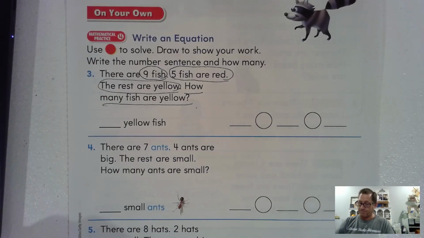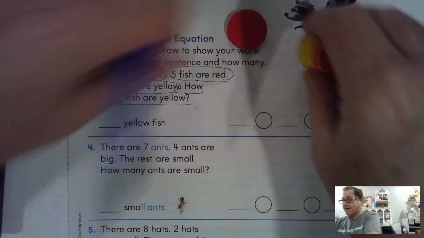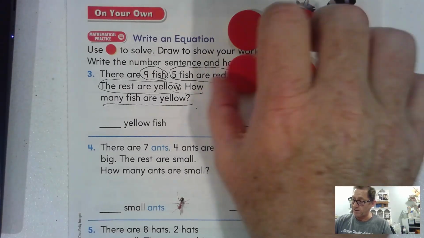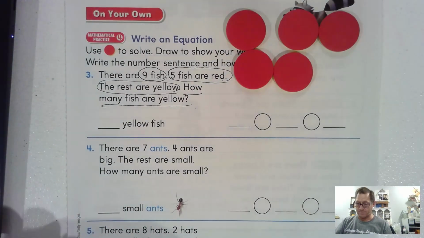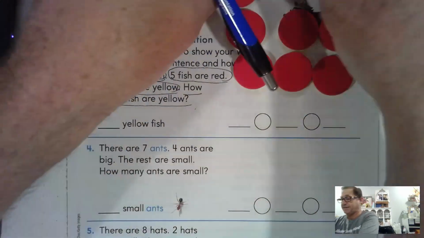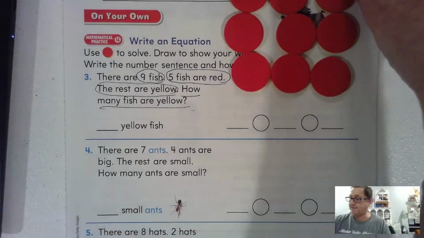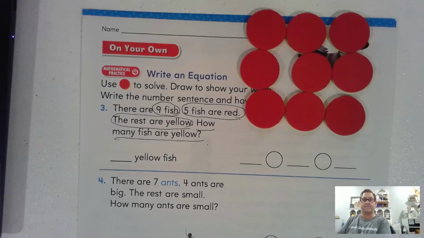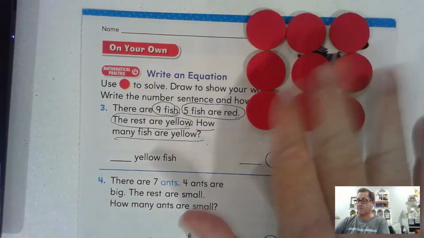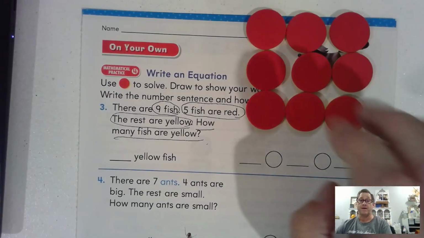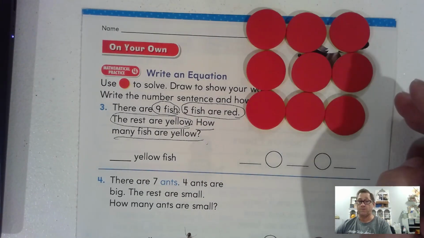Okay, so we need 9 counters. Again, I'm going to make them all one color to start. That's 6, 7, 8, 9. So we have 9 fish. All the counters represent the whole, which is 9 fish. 5 of them are red.